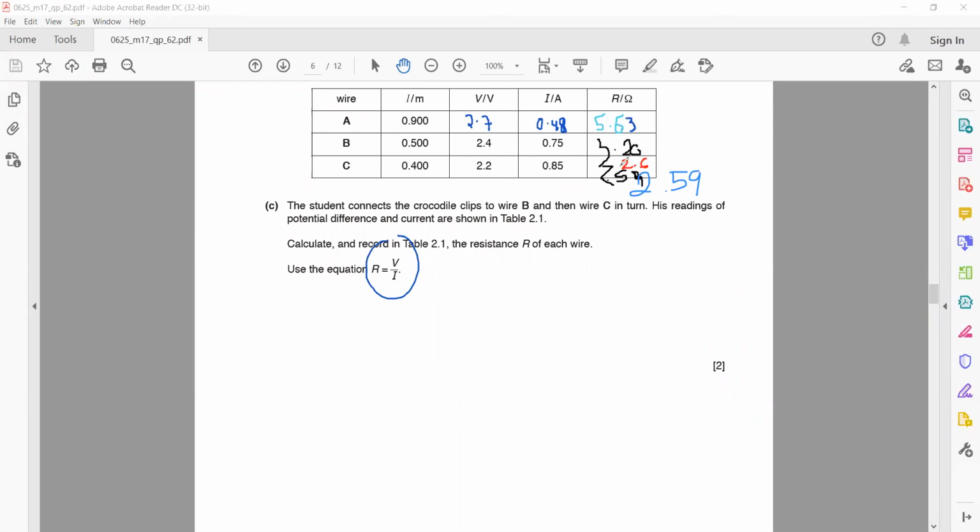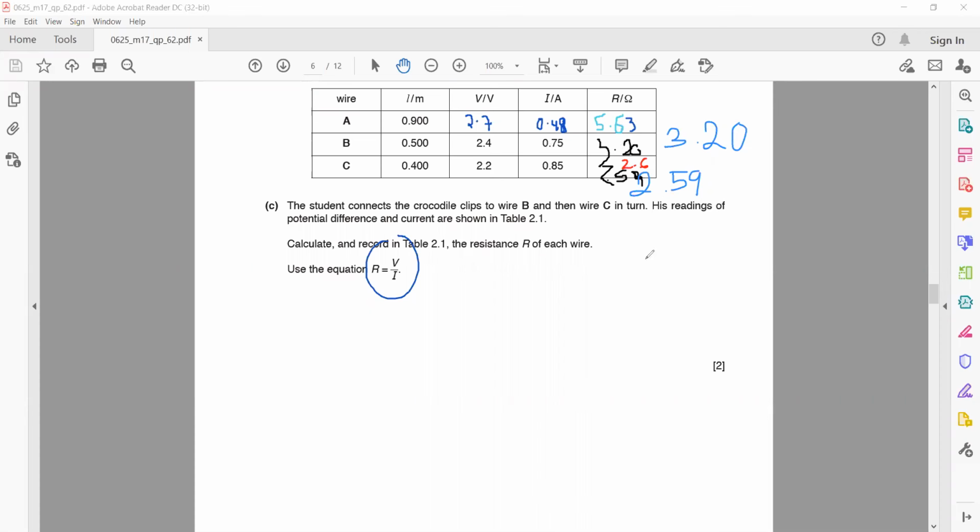So 5.63. And the second one is when you divide 2.4 by 0.75, what is the answer for this? 3.2. But because you are using 2 decimal places or 3 significant figures, you should write 3.20.